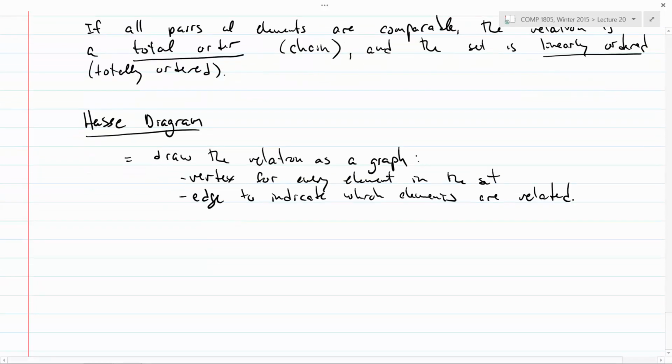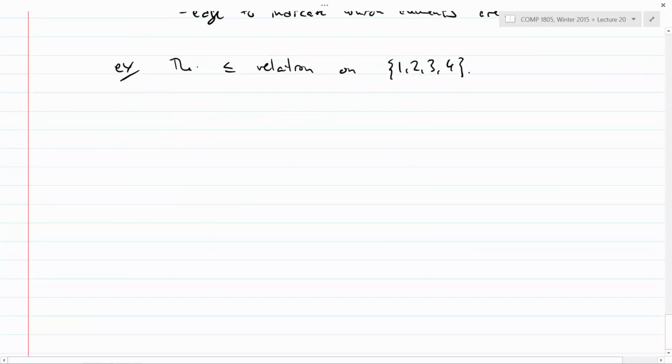All right. So let's look at this. Suppose we had the following poset. Say it like this. The less than or equal relation on the set 1, 2, 3, 4. Okay, so we already know that's a partial order. So I'm going to draw it out graphically.